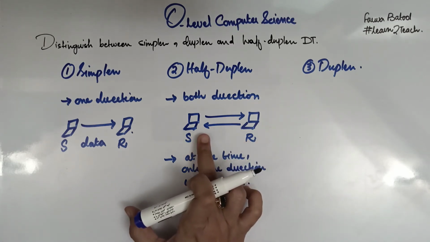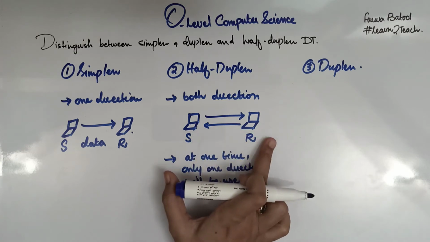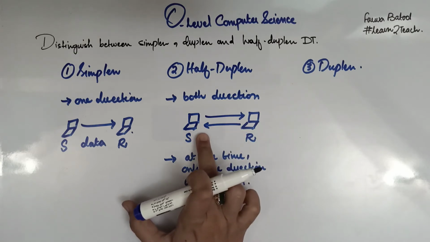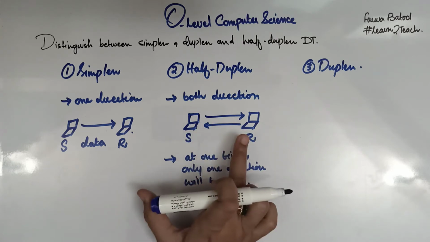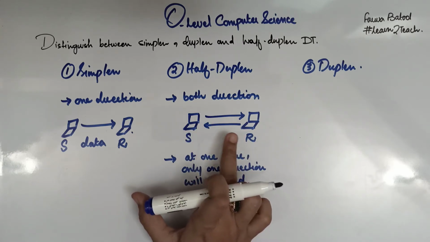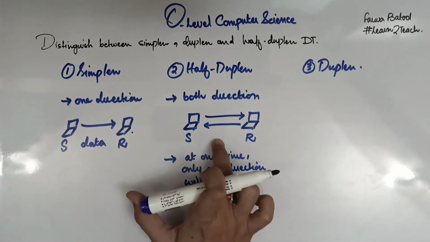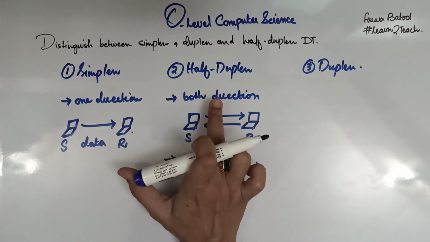Either you can transmit the data from sender to receiver or from receiver to sender at one point of time. You cannot transmit data simultaneously, at the same time. So this is the restriction in half-duplex data transmission.